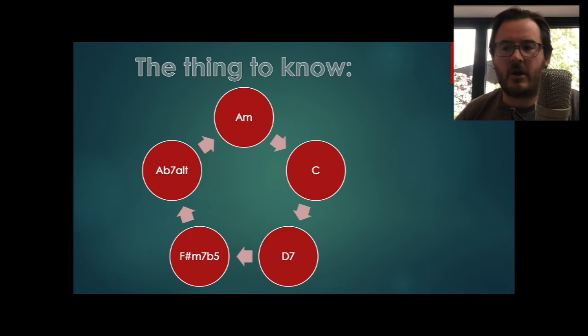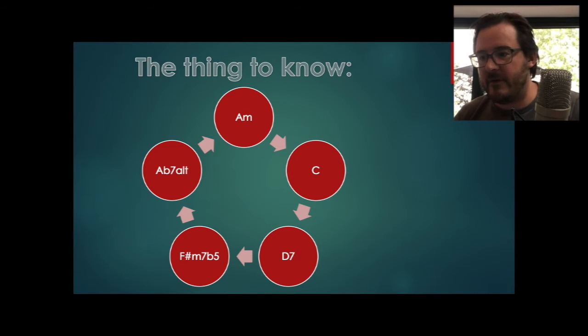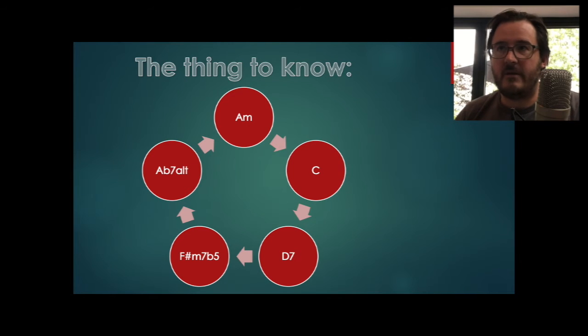So A minor, but it could mean A minor major 7th, A minor major 9th, A minor 6/9. C could be C major 7 sharp 11th, or C major 13th, or whatever. D7 could be D9 sharp 11th, or A flat 7 altered could be obviously A7 flat 9, flat 13, sharp 9, flat 5, whatever else you can think of.